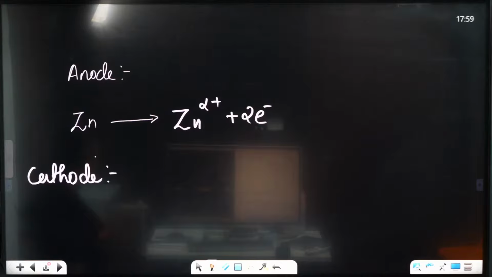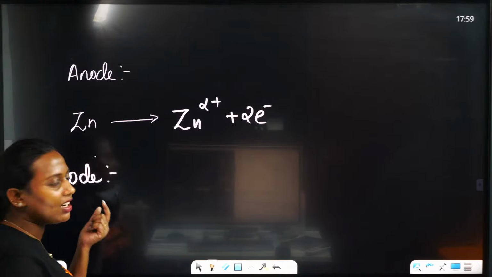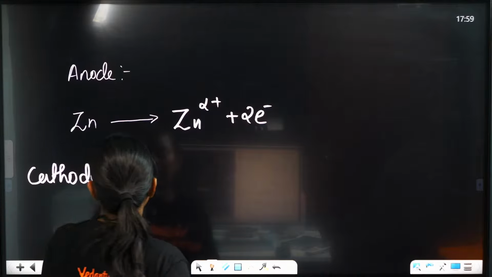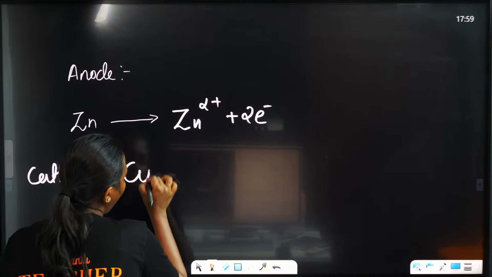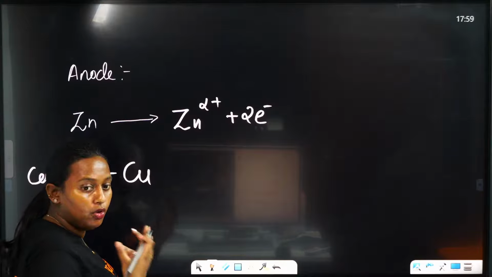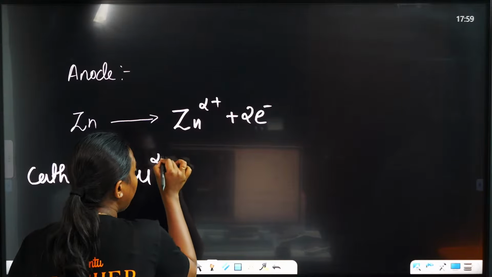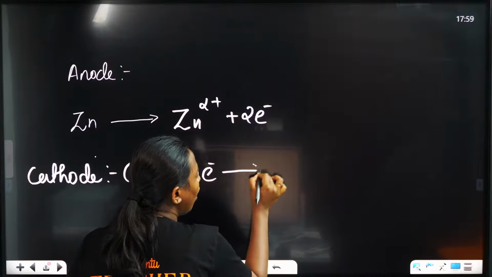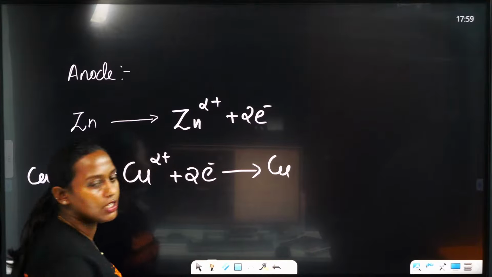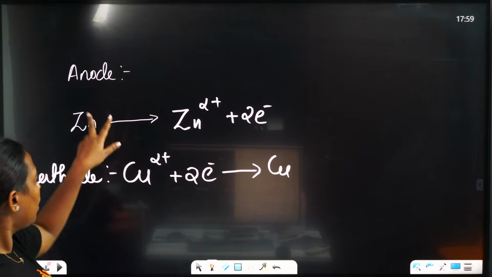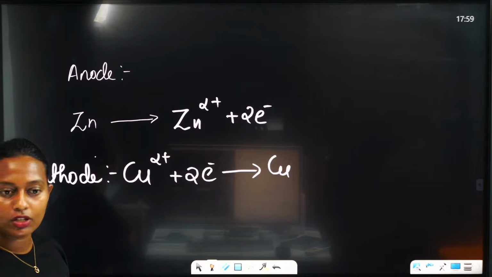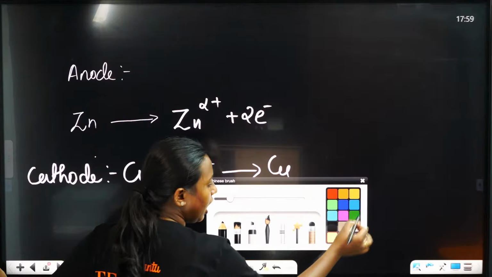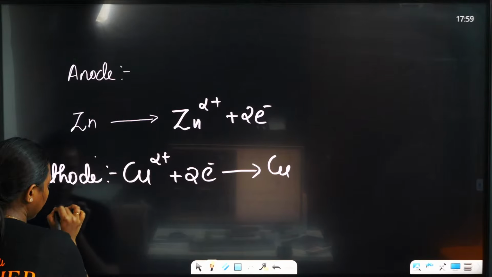Copper will accept, that means Cu2+ will accept these 2 electrons and form Cu metal, clear. So the anode reaction and cathode reaction are clear. Next I want to write the overall reaction.